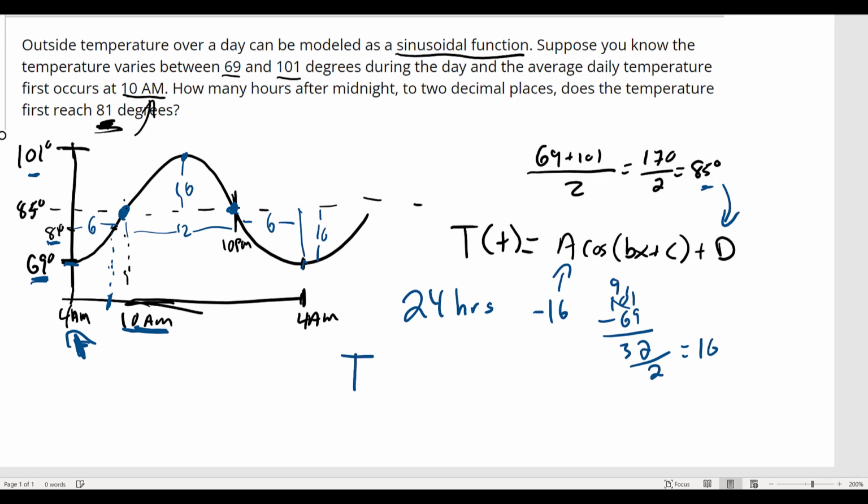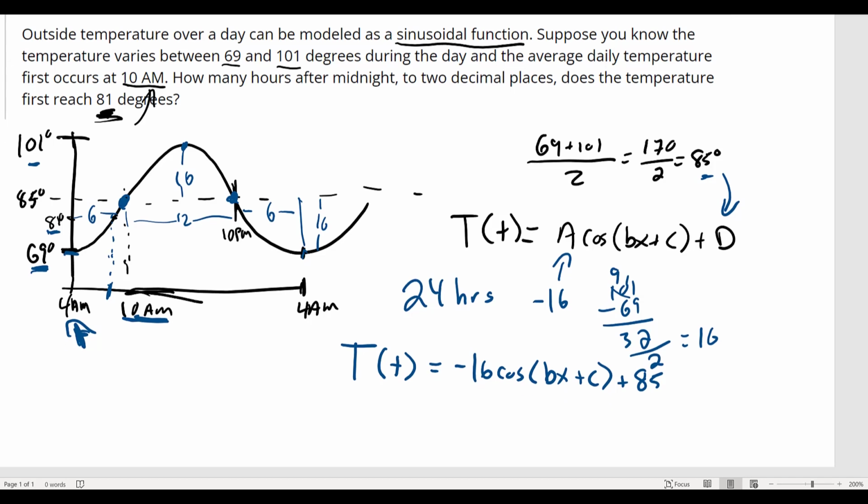So we can start seeing this temperature function T of little t is going to be negative 16 times cosine of bx plus c, plus 85. So we're already at 85 degrees. That's the average, the middle temperature. So that's why it's shifting up there. Now, let's talk about the bx plus c. I do want to point one thing out.